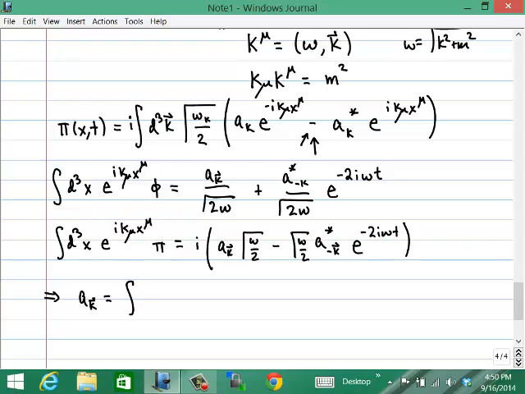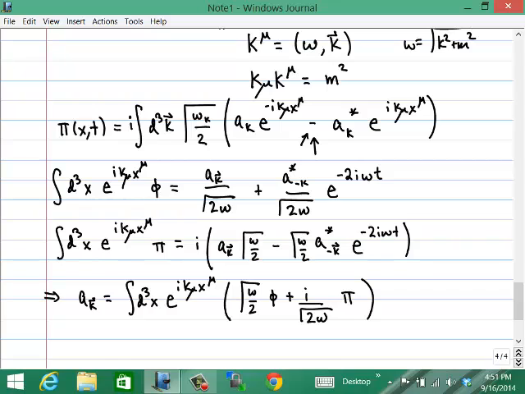What is it? It's the integral d3x e to the i k_mu x^mu of, let's see, the square root of omega over 2 times phi plus i divided by the square root of 2 omega times pi.